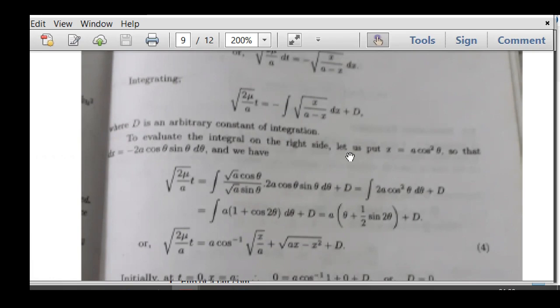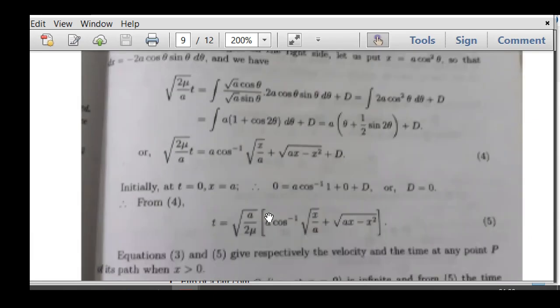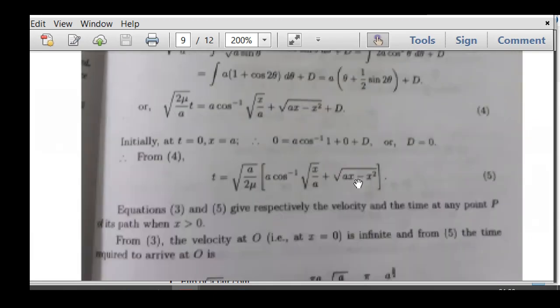To evaluate the integral, they are taking a specific substitution so as to solve this out. Initially at t equal to 0, x equals a. I should not say amplitude, because amplitude is a specific term related to simple harmonic motion, and this motion is not simple harmonic, so let us say the initial distance. So x equals a. Once you use it, you can find t.